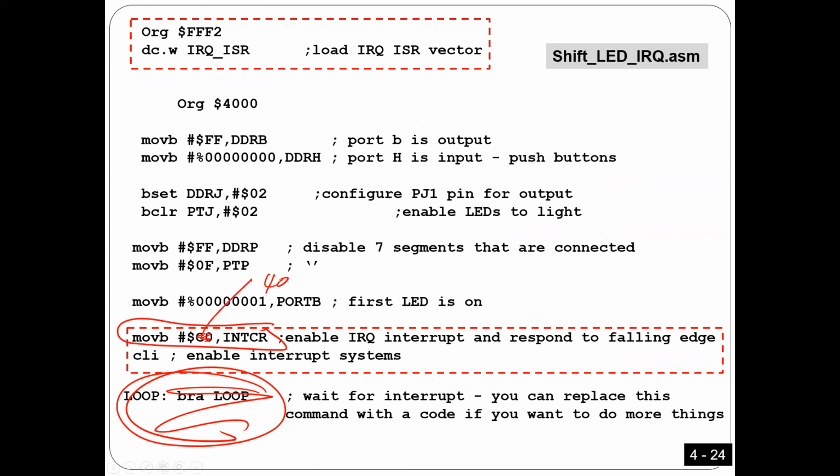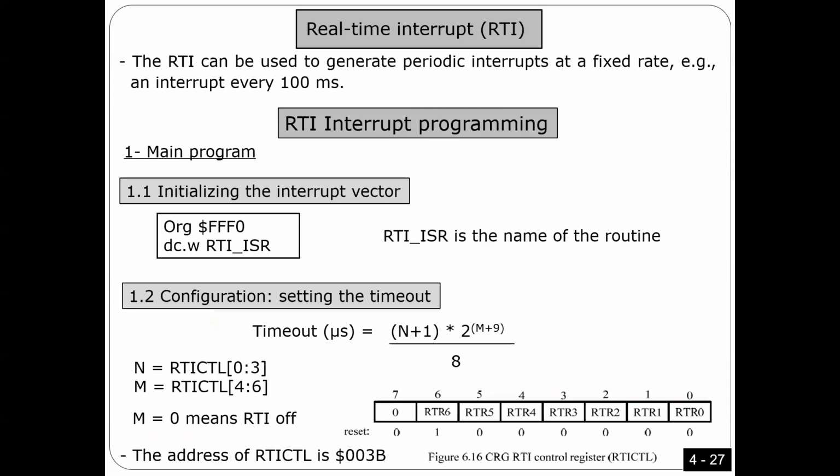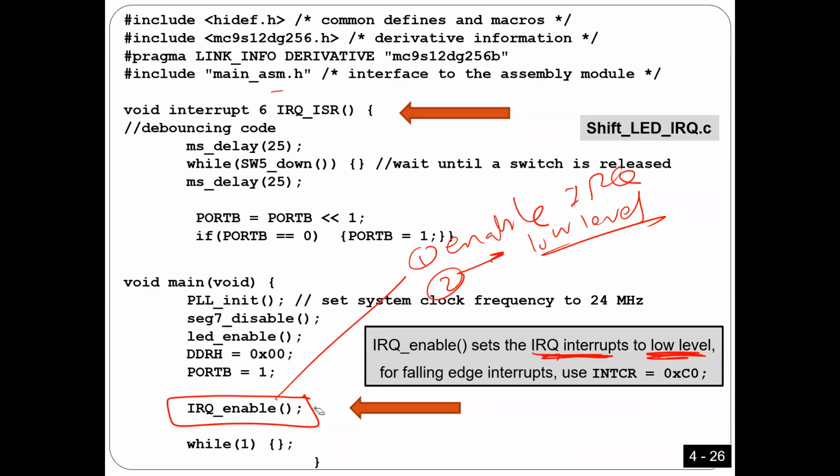I remember some students needed to configure it for low level instead of 0 level. So again, here we have a function you can just use, but this function is going to enable it for low level.